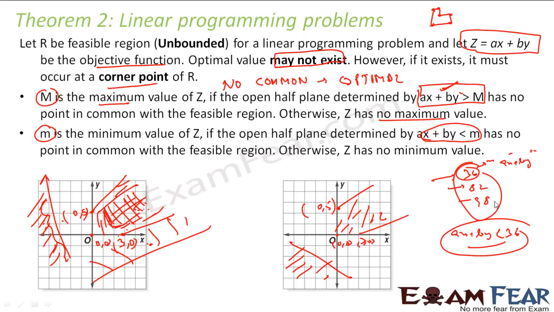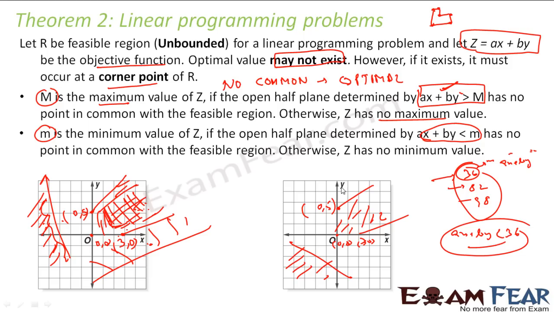Find the maxima in that, and then create one more function, ax plus by is greater than m. See if this particular line is interfering. If there is no interference, whatever maxima you have found is the actual maxima. If there is interference, that means whatever maxima you find is not the actual maxima, and the maxima is not defined for that. There is no maxima value.